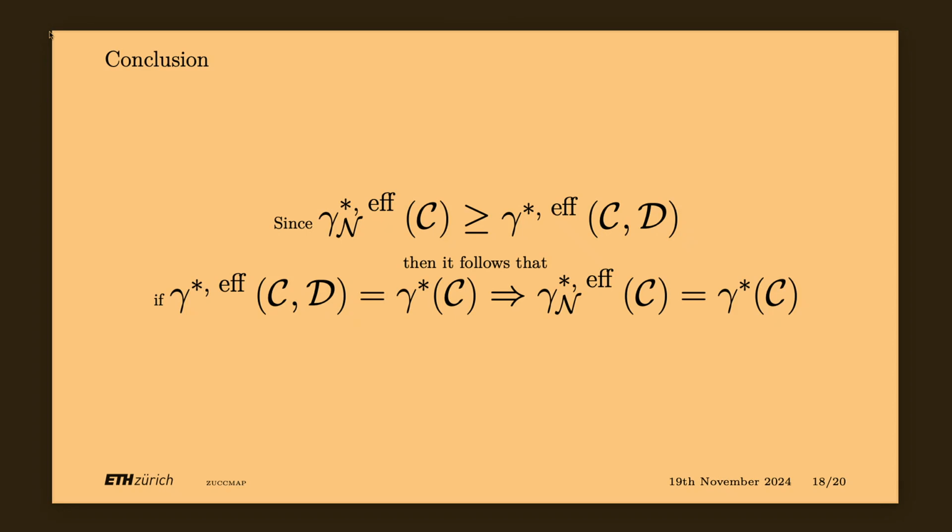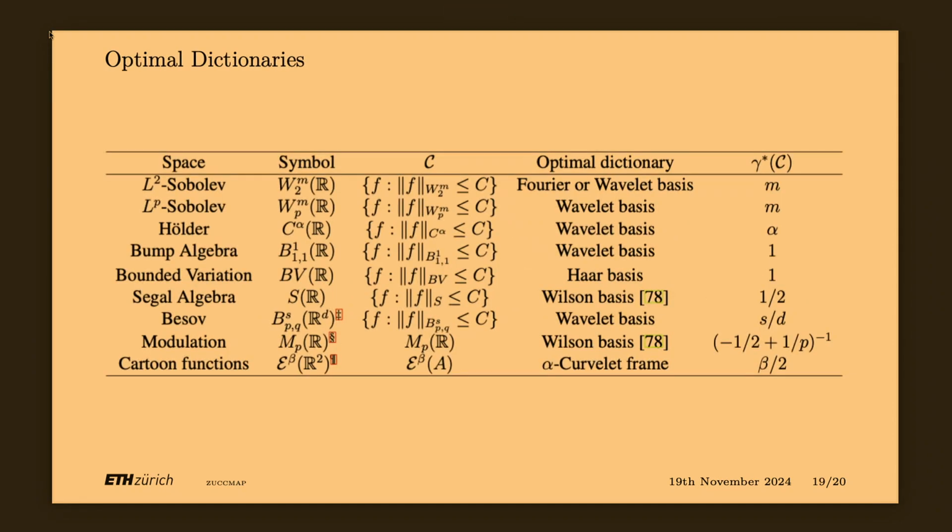And in particular, this means that if all those dictionaries are effectively representable by neural networks, we have found a unique class of approximators, the neural networks, that are optimal for every function class, independently of the use, independently of the nature, independently of what they're modeling. And this is why this framework is so powerful, because we went from having a lot of different dictionaries, one for every function class, to having just one universal approximator that approximates every single function class.